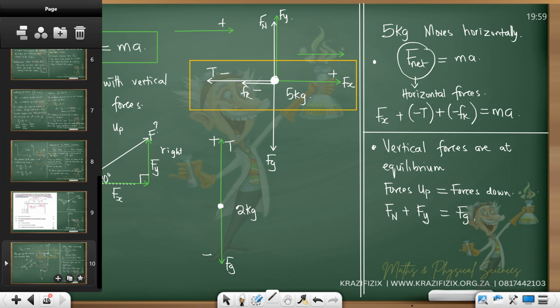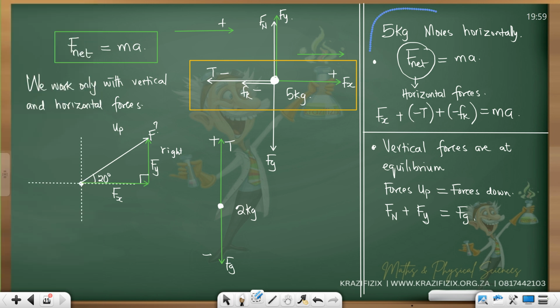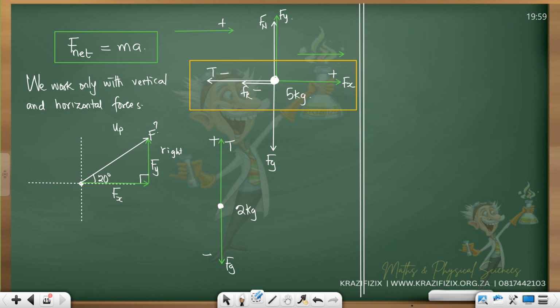Let me round this up tonight by doing something now quickly. Still on the same question. Let us look at the 2 kg. How is the 2 kg moving? It's moving what? Upwards, which means vertical. So when I say F net is equal to MA, which forces am I using here?